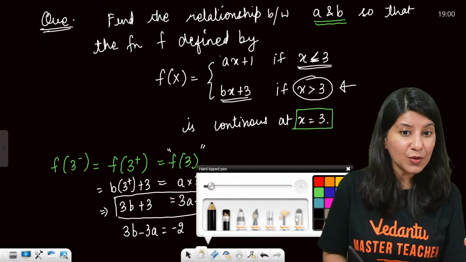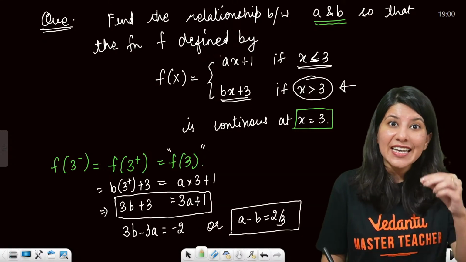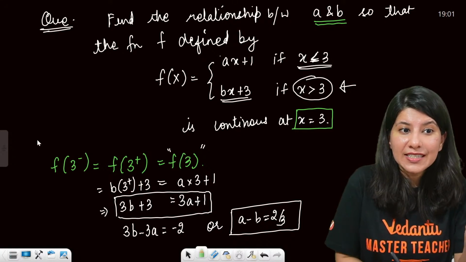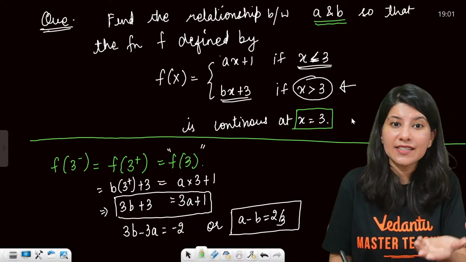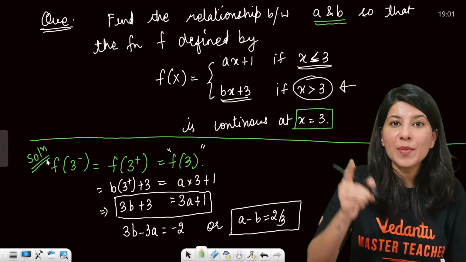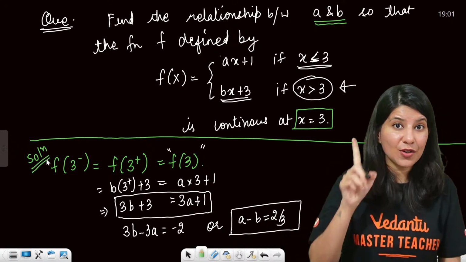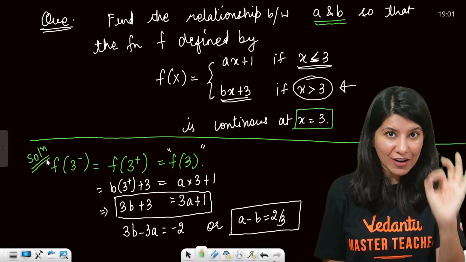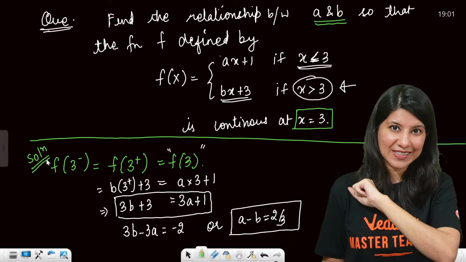No, Kush Mohit, it is not discontinuous. In the question, they are saying that the function is continuous at x equals 3. They are not asking whether this function is continuous or not. They are telling you that the function is continuous.